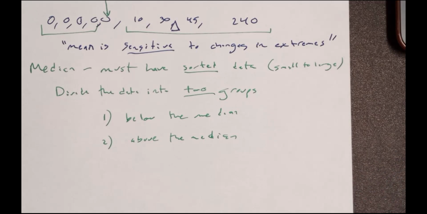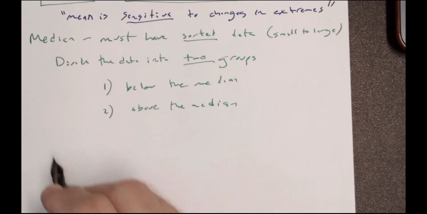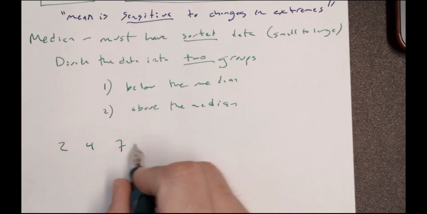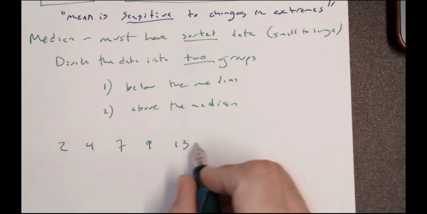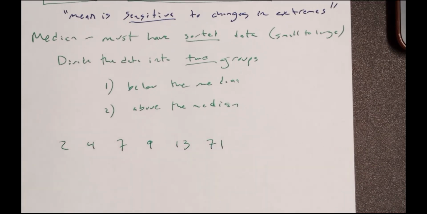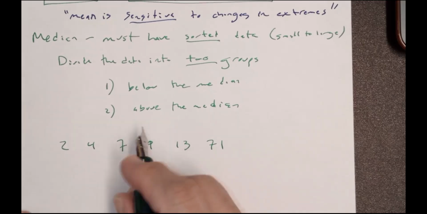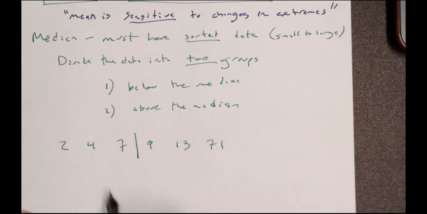What happens if the number of things in my list doesn't actually have a middle? Here's my new list. In this case, you take the average of the two middle values. I go to the middle. It should be there.